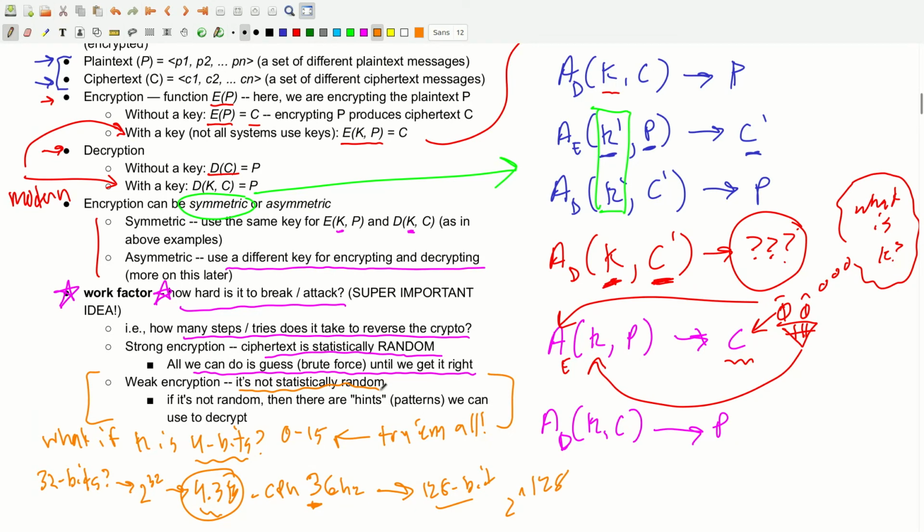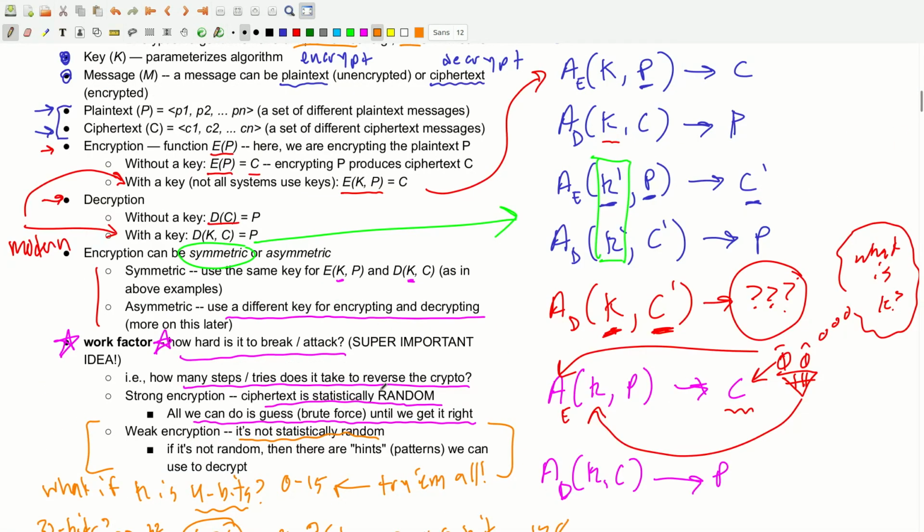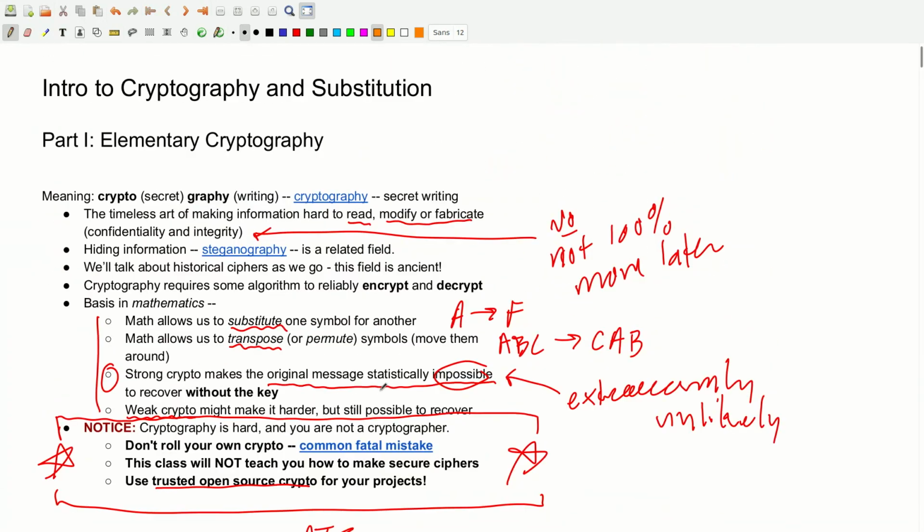And we'll talk more about this when we talk about cryptanalysis and when we talk about the weaknesses in certain algorithms. Okay? So this was an introduction to the ideas of cryptography. We have the basics here of substitution and transposition, and how cryptography is really about math and the secrecy of the key.